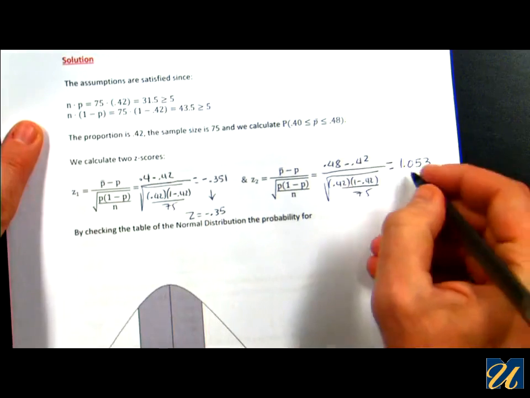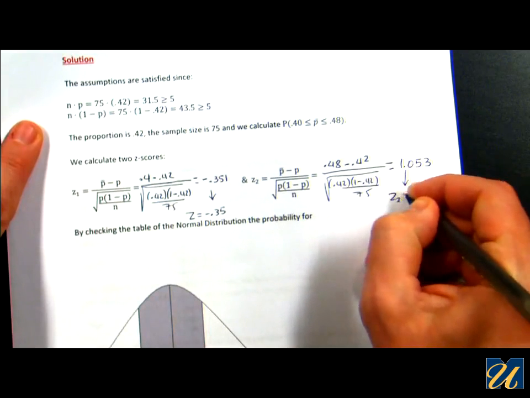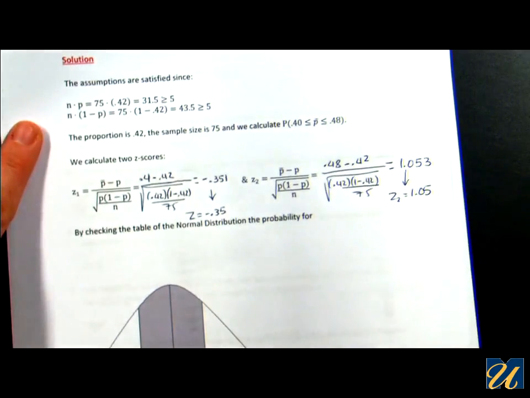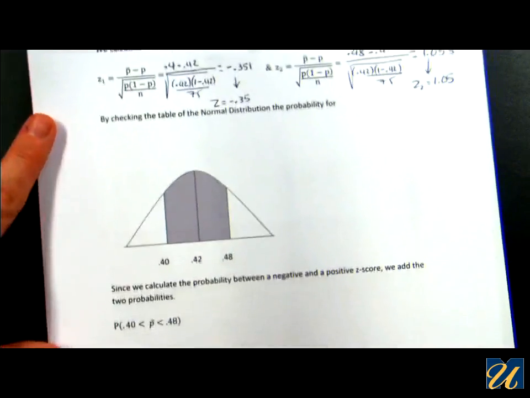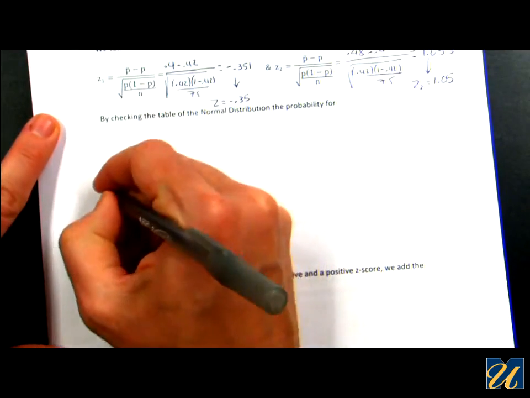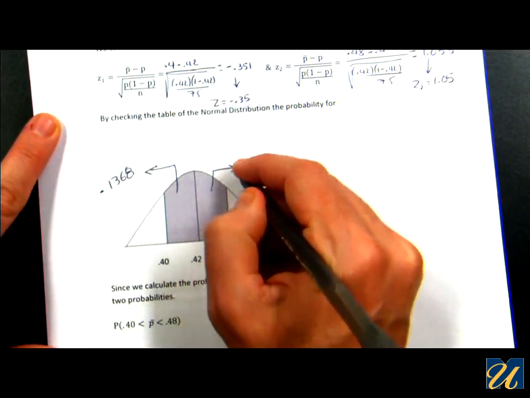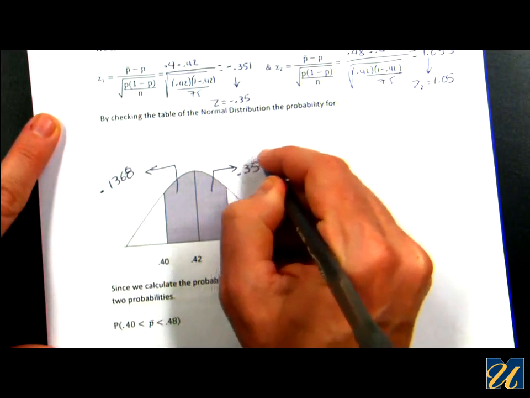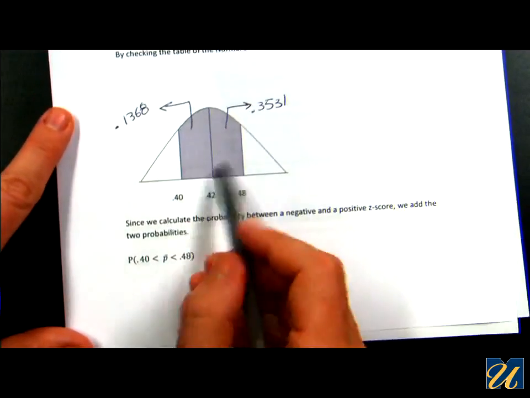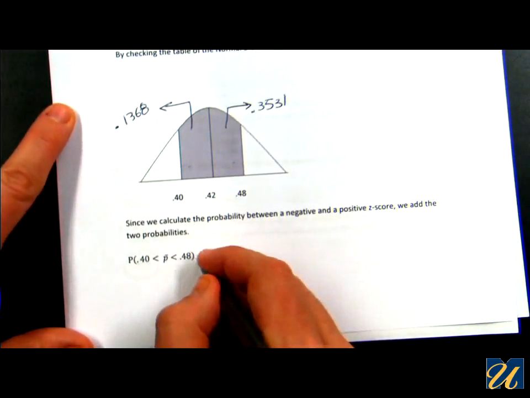We're going to take the absolute value, and z2 will be 1.05. So the area for 0.35 will be 0.1368, and for 1.05 will be 0.3531. Since the mean is inside the area we're looking for, we will be adding the corresponding probabilities.